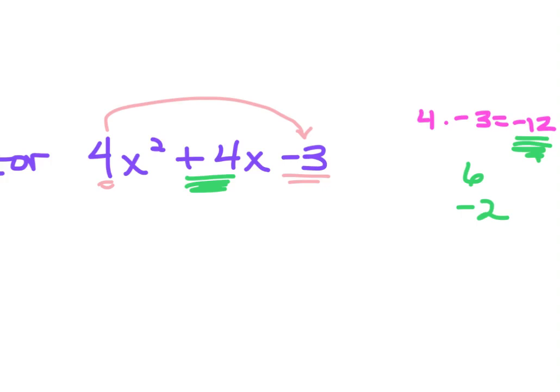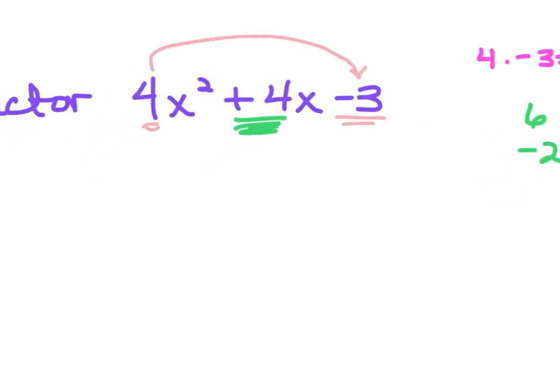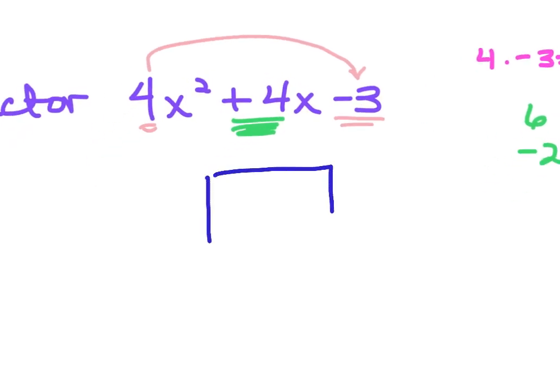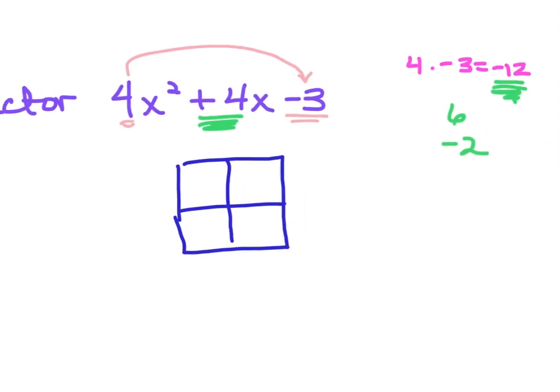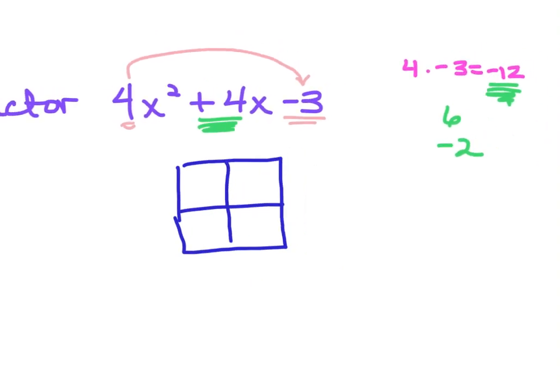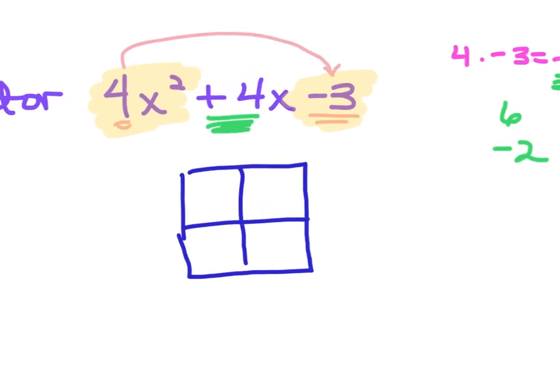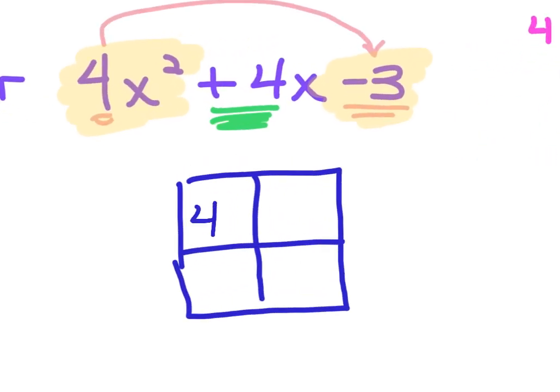And then I'm going to make a box that's 2 by 2. In the top corner and the diagonal bottom corner of the box, I'm going to put the 4x squared and the minus 3 like that.